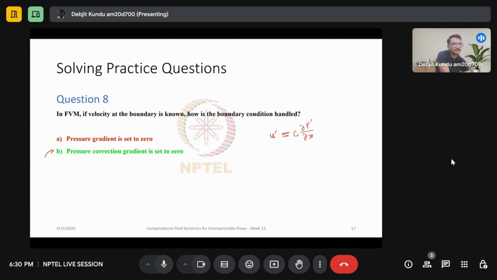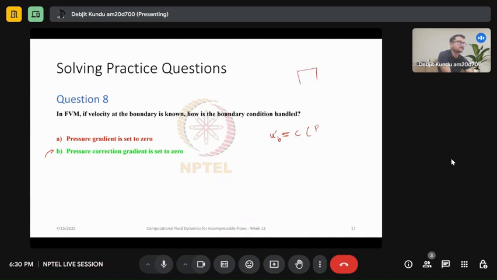So basically, the pressure gradient is not really like this. It is some constant multiplied by the gradient.